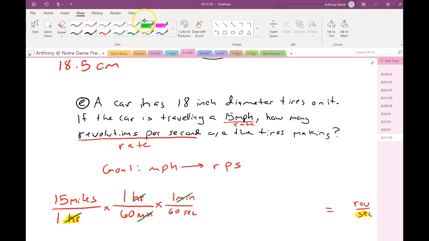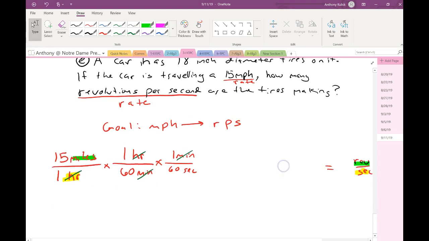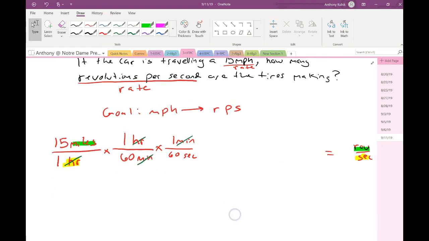What's a little bit trickier now is to figure out how to convert this linear measurement of miles into revolutions. So let's think about what we're really asking to do here. Let's say that we have our tire here, and it's spinning in this direction.